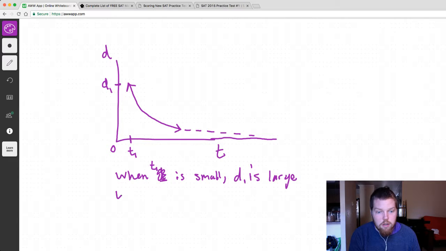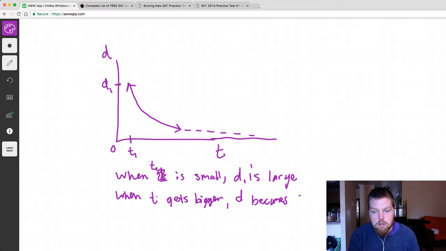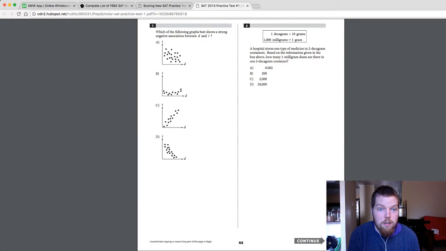And when t gets bigger, d becomes smaller. So when we're way over here at t2, this is really far away from the origin, and d is here, d2. So as t gets bigger, d gets smaller, and that is what a negative association is.